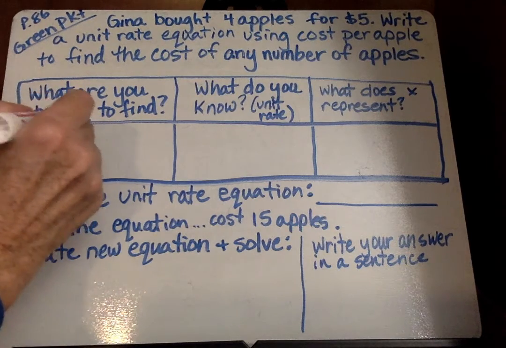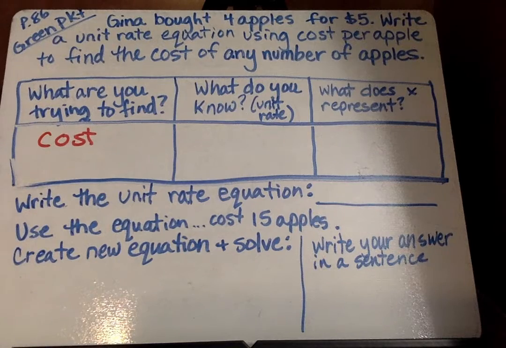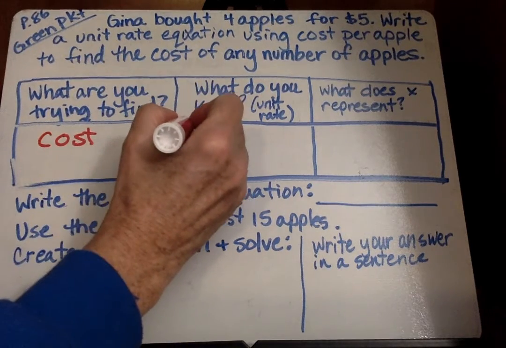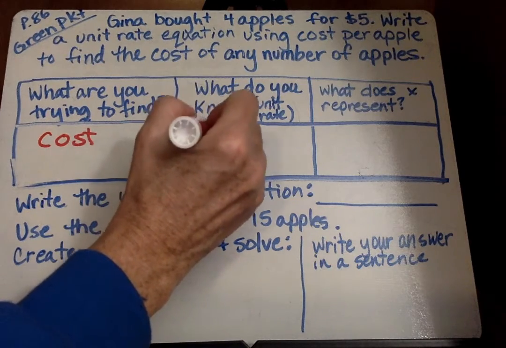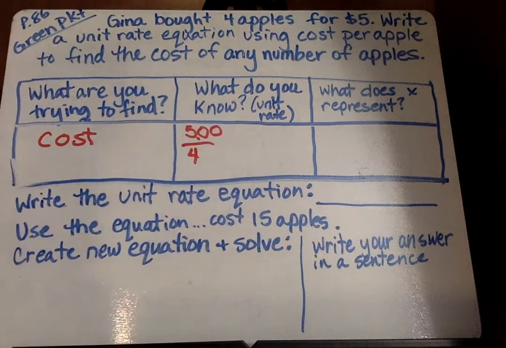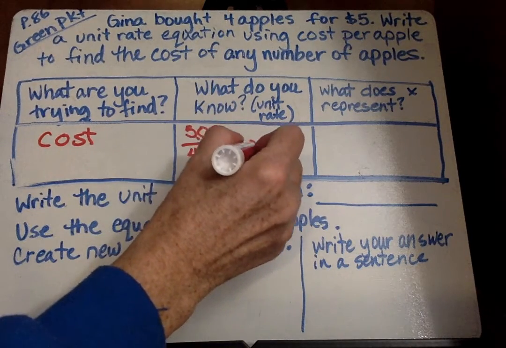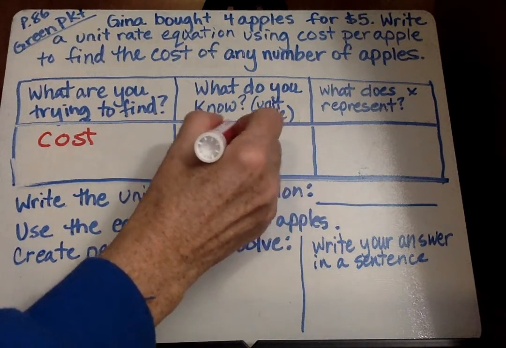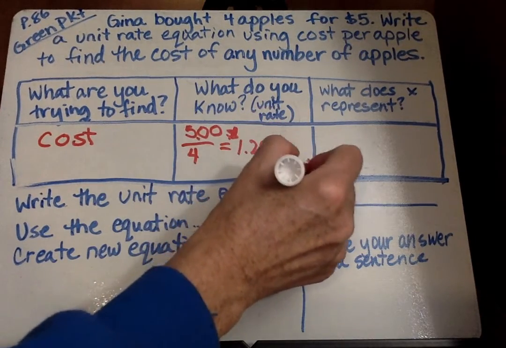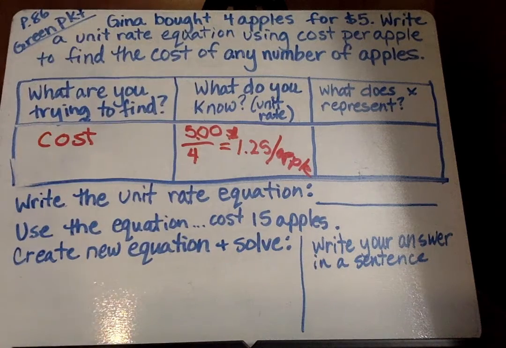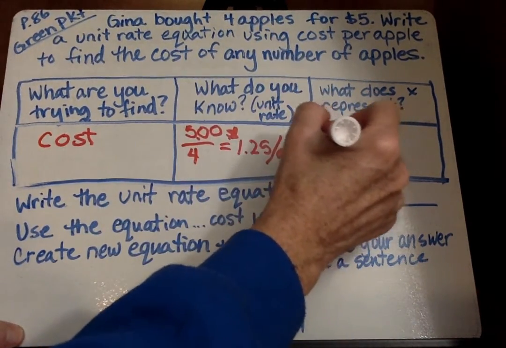The cost. What do you know? Well, you know $5 is what they charge for 4 apples. So we know that equals $1.25 per apple. Okay. And what does x represent? The number of apples.